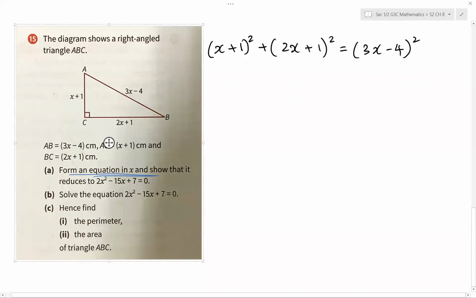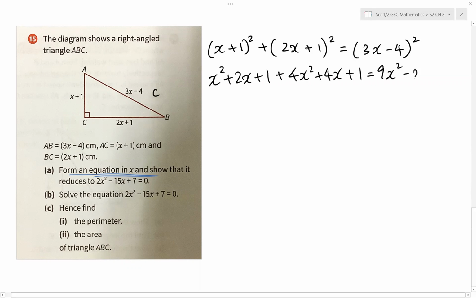We just imagine this as an A, this is a B, this is a C. You would have written A squared plus B squared equal to C squared. So in the same way, replace all of them back with the original, and this is what we get. And now we are testing you on your algebra, expand everything. x squared plus 2x plus 1, 4x squared plus 4x plus 1, 9x squared minus 24x plus 16.